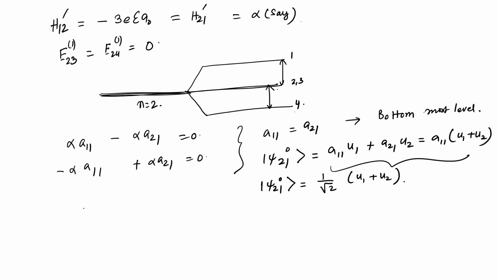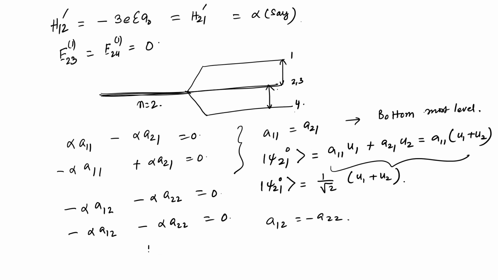And for the topmost level, we have the other 2 equations corresponding to the changes in the energy: alpha A12 minus alpha A22 is equal to 0, and minus alpha A12 minus alpha A22 is equal to 0 as well. So, we have A12 equal to minus A22.